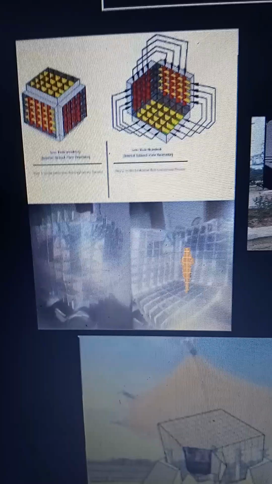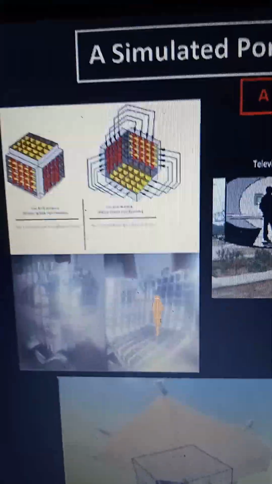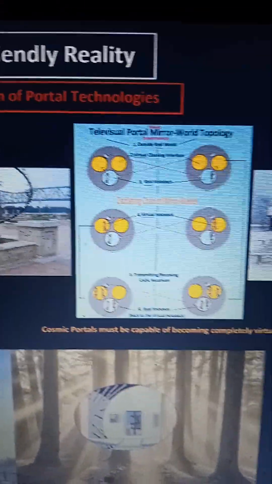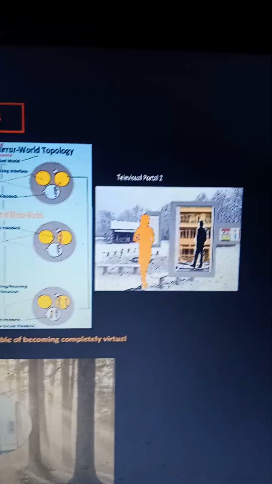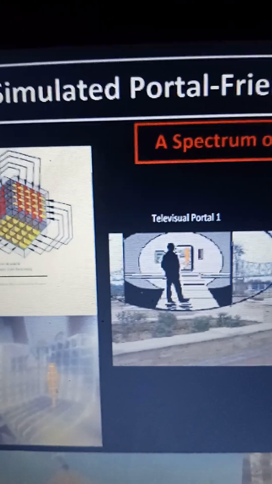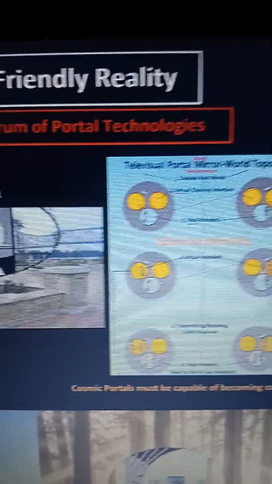And our world exists as a sort of matrix of intersections. I don't know how to describe it beyond that point, but it's a matrix or matrices of intersections everywhere throughout space. And that's what makes the spectrum of portals possible in a simulated portal-friendly reality.